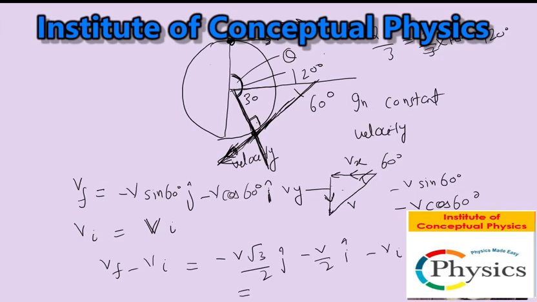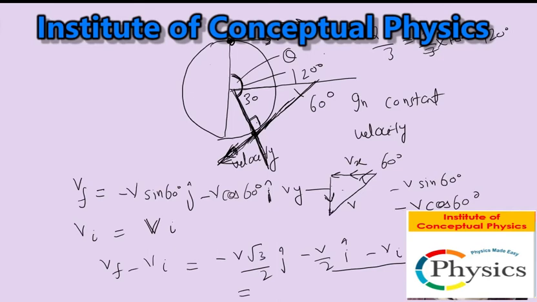If you want to calculate the magnitude, these two will become minus 3 by 2 i. So this will become minus root 3 by 2 whole square plus 3 by 2 whole square, and because we're finding the magnitude, this is what it becomes.